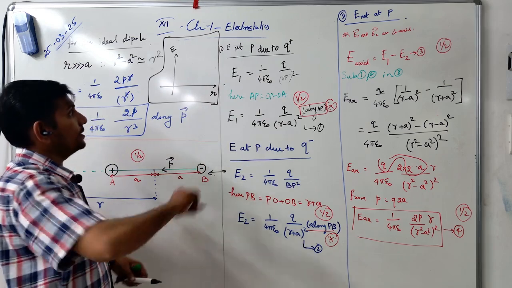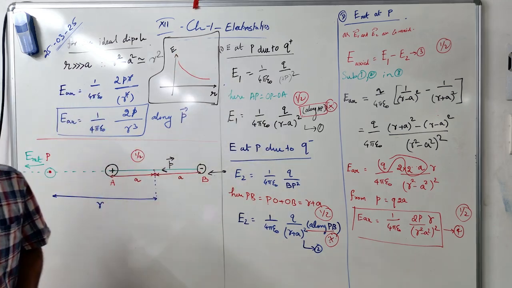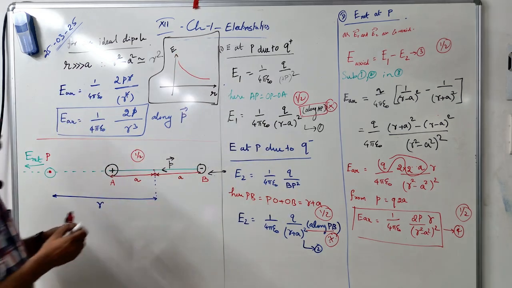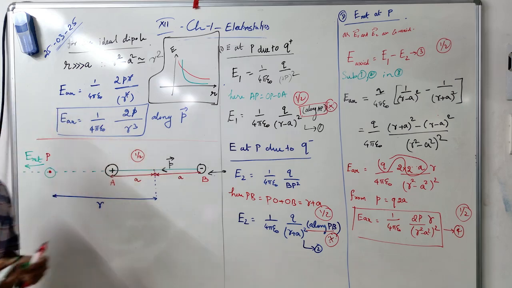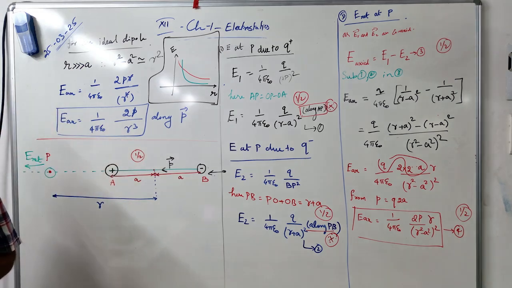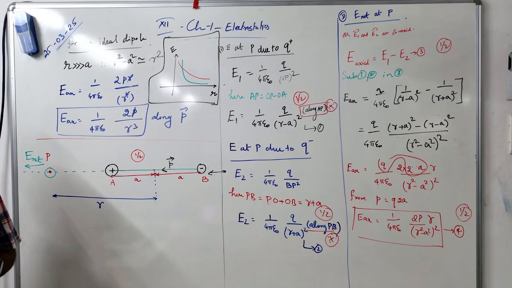And I have two graphs here. Graph 1 marked with red and graph 2 marked with green. One is a red graph, other is a green graph. What do they indicate?